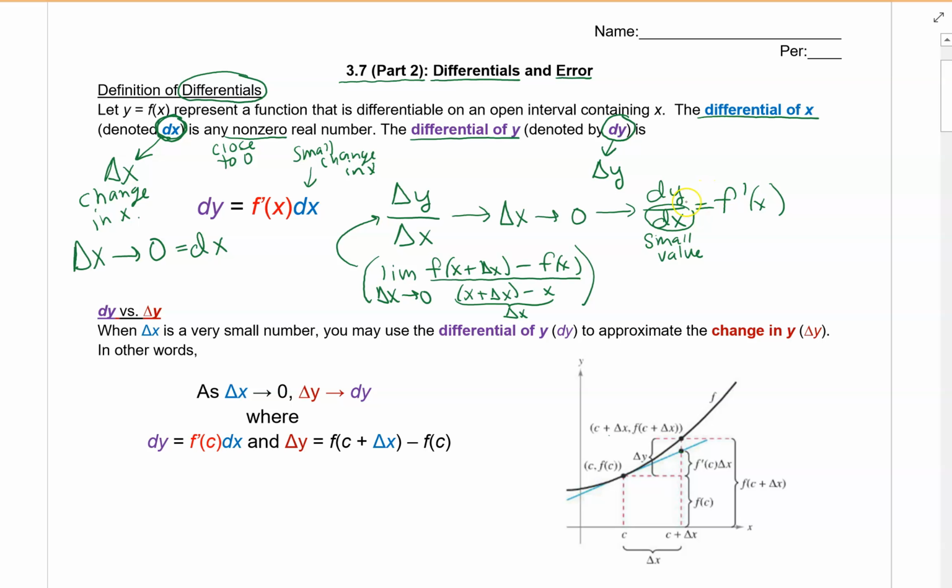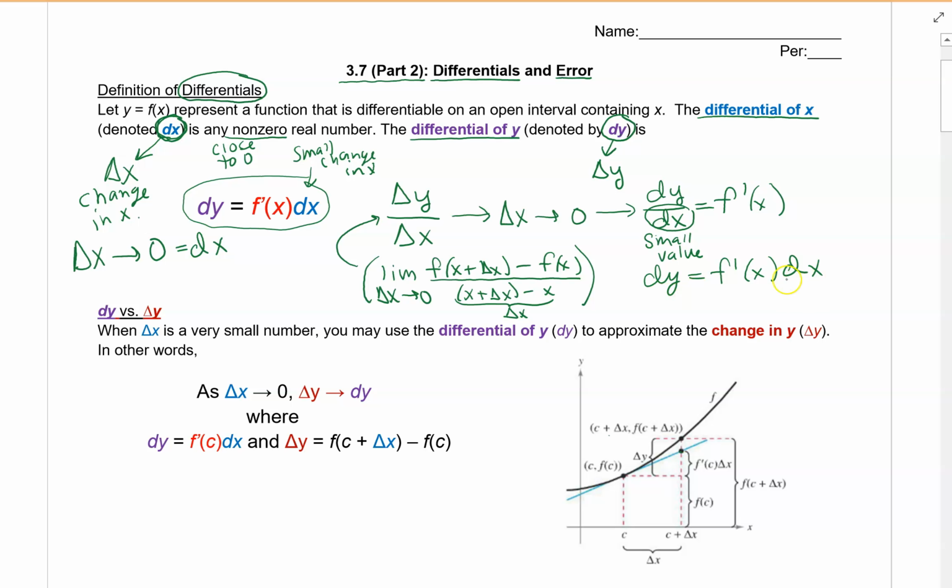So because it's not exactly 0, in this context of differentials, we can multiply it to both sides, and that gives me this formula, which is the one you see over here. So this dy is an approximation for the change in two y values on the graph of y equals f of x.